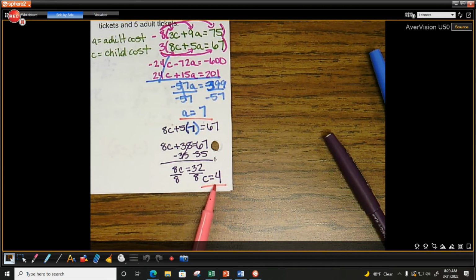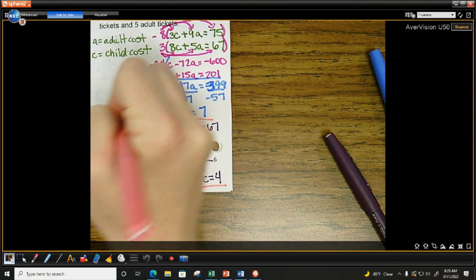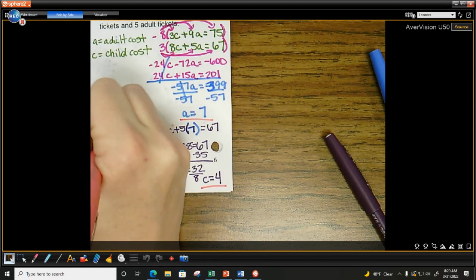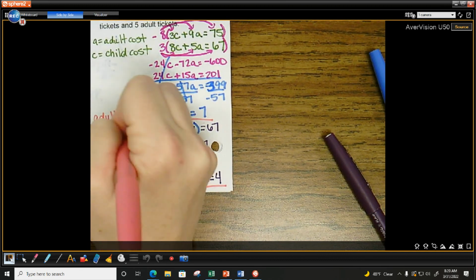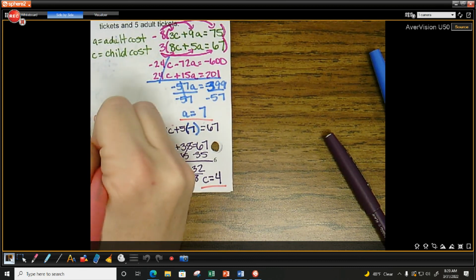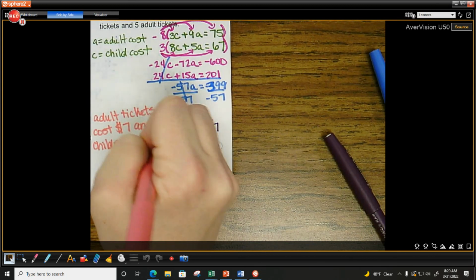Okay? So my answer is adult tickets cost $7 and children tickets cost $4.